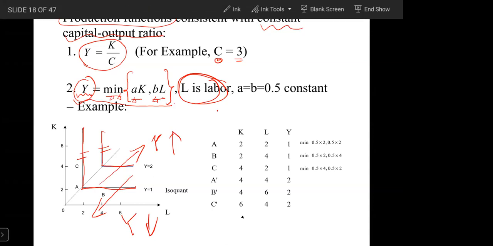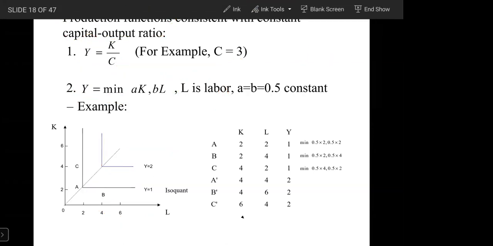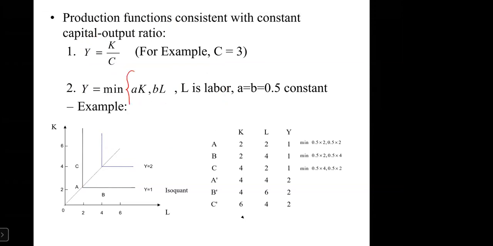So let me erase everything and then explain what this means. If you move in this direction, you increase K and L, and then Y is going to increase. If we move in that direction, you decrease K and L, so Y is going to decrease.